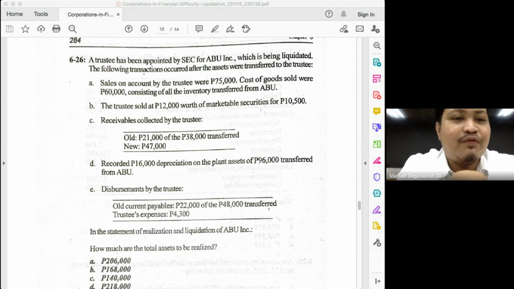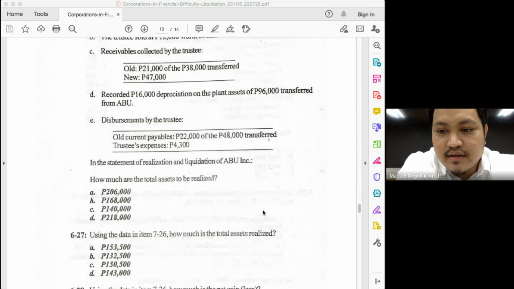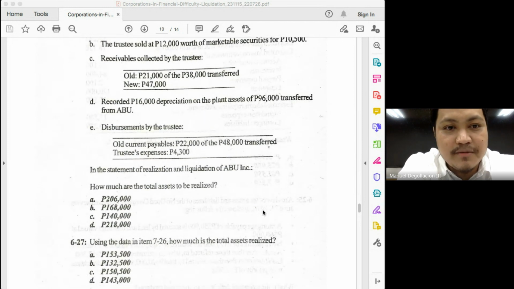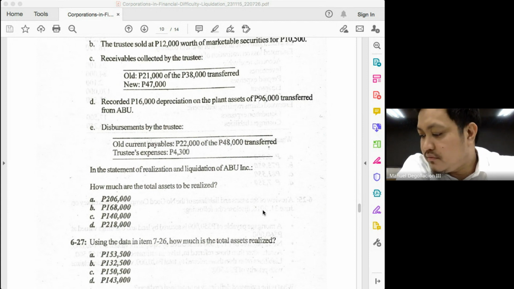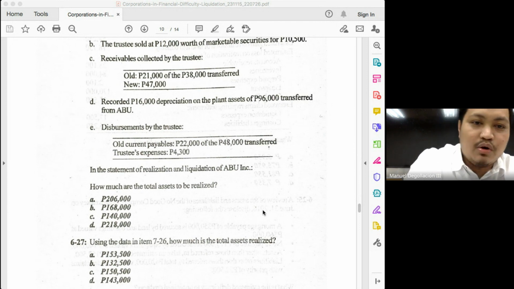Next, how about for information letter D? Will that have any effect on our computation of net gain or loss, class? Yes, for the depreciation expense in the amount of 16,000. Next, payment of the old payables, class.